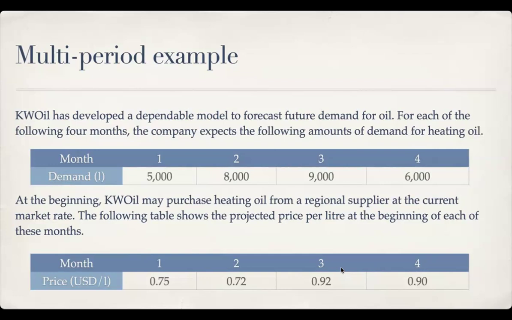You see that each month the price is different, right? KW Oil can maybe buy oil in the first month and keep it in the storage tank and later deliver it to their customer in the second, third, or fourth month.